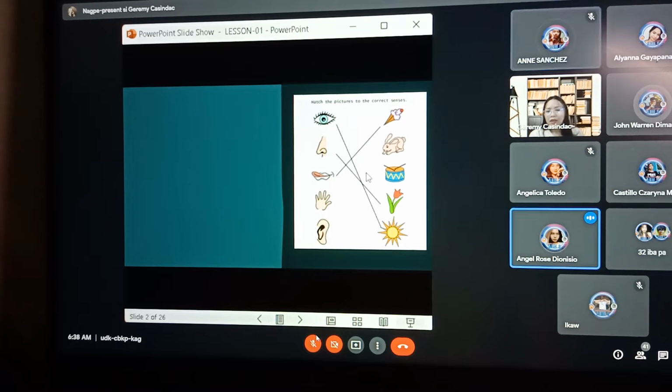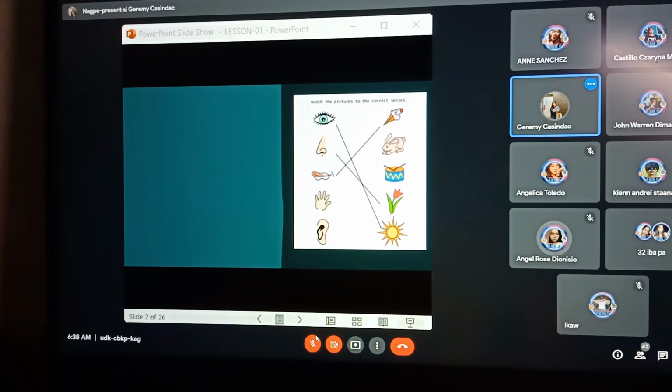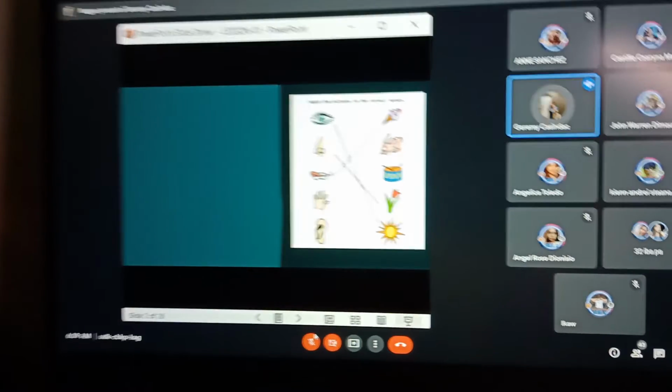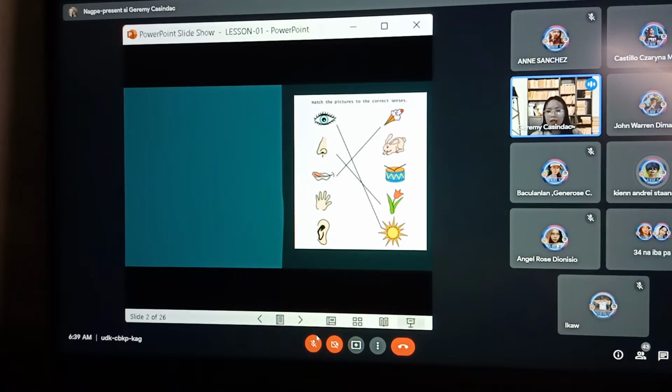Where should the hands go? Sa rabbit po. Okay, that's correct for the rabbit.